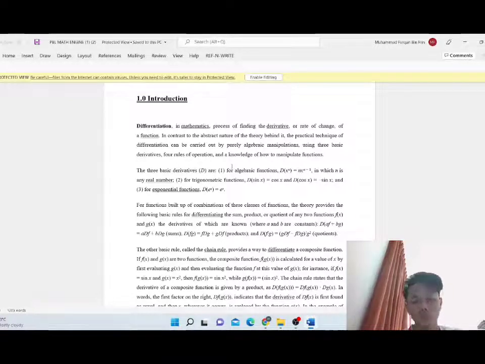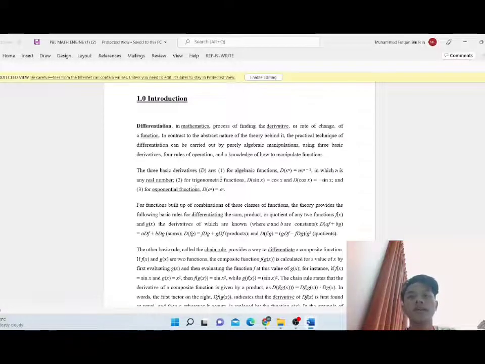There are three basic derivatives. The first one is the algebra function, d/dx of x^n equals n times x^(n-1), where n is any real number.